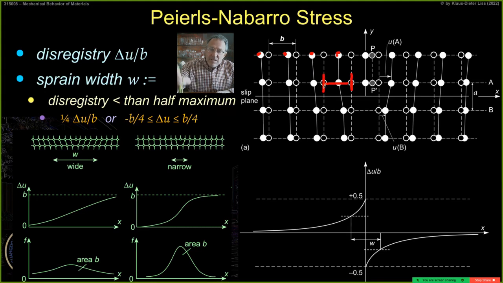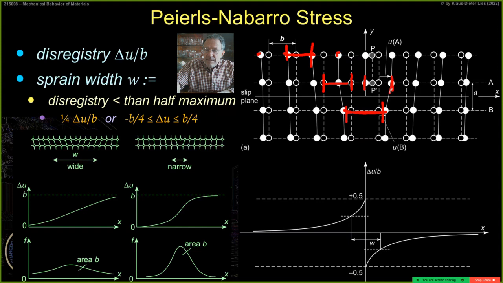So if you go far away from the dislocation, the displacement field, or strain field, should be relaxed. So we have the same distance. But obviously, close to the dislocation, here in this case we have a larger distance.